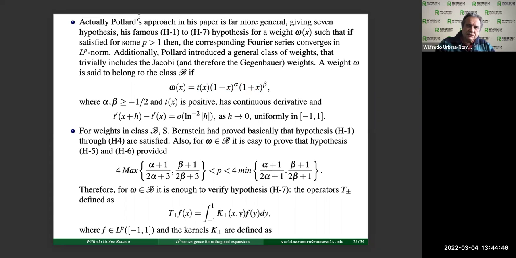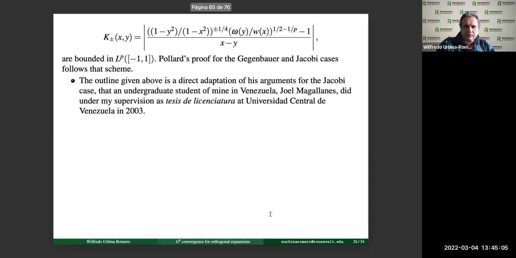And he has a famous hypothesis to prove that, and everything comes down to the problem of working with this kernel, with this operator, where the kernels are given like this.